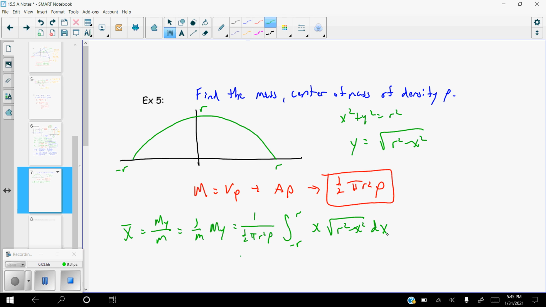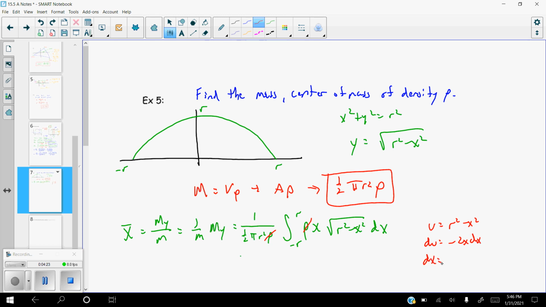All right, oh, I forgot the rho. Don't forget the rho. But the nice thing is the rhos will cancel out. Those are going to go away. So we are going to have to do a little bit of a u substitution here. So u is going to be r squared minus x squared. du will be negative 2x dx. Remember, r is a constant. It's just the radius.